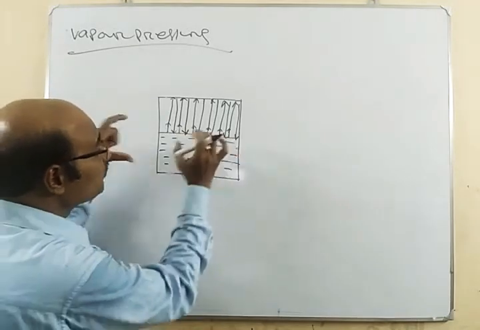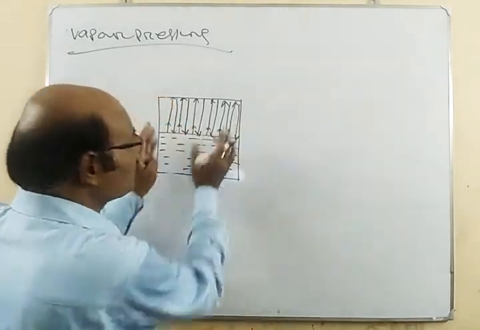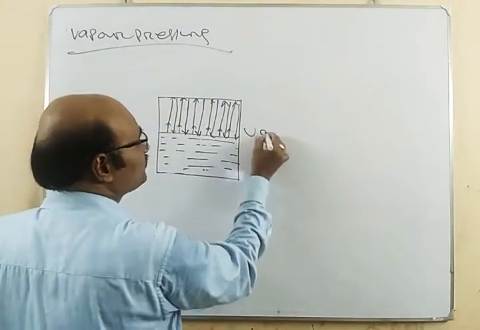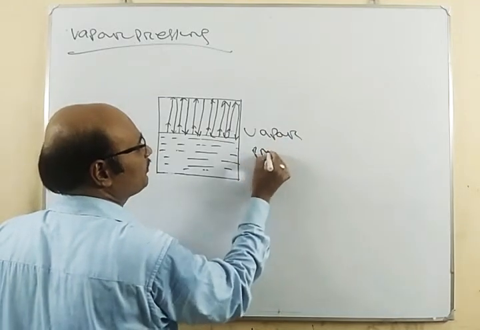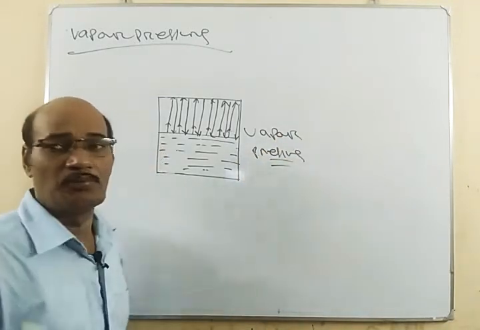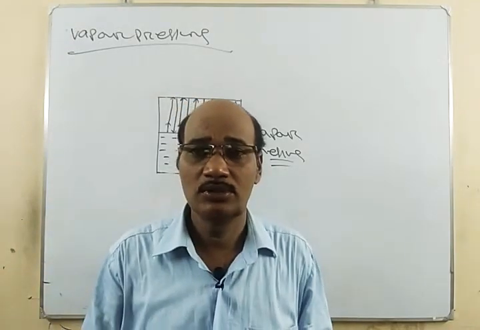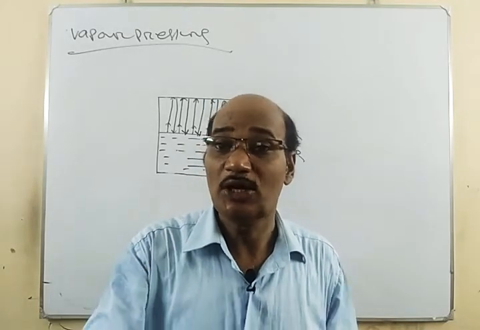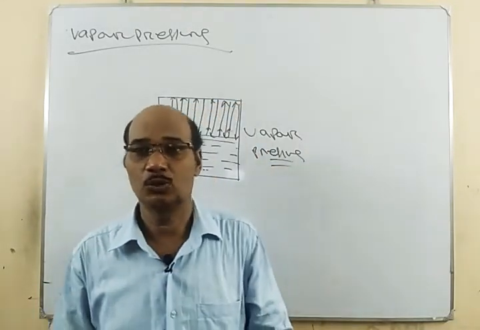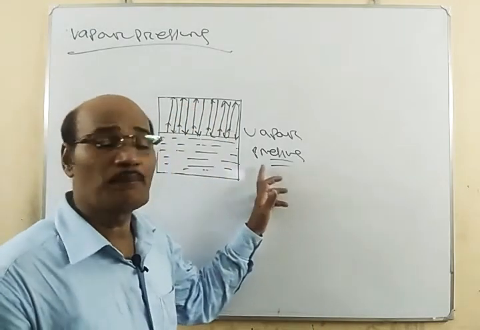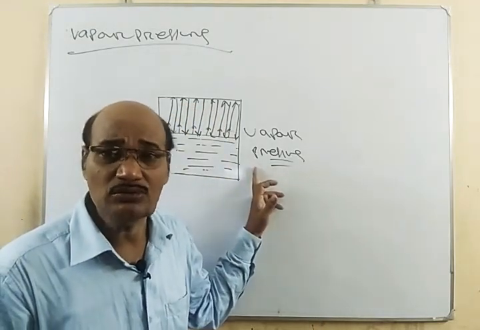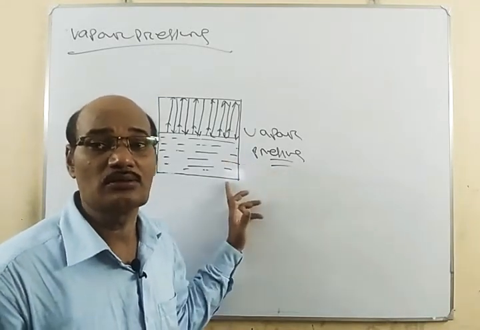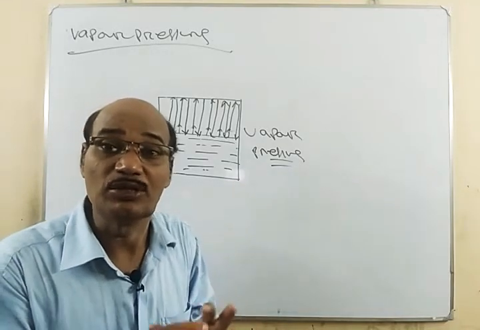And at this equilibrium position, the vapors are having the pressure called the vapor pressure. So what is vapor pressure? Vapor pressure is the pressure exerted by the vapors in equilibrium with the liquid. Okay. So vapor pressure is the pressure exerted by the vapors over the surface of the liquids when the vapor and the water are in equilibrium.